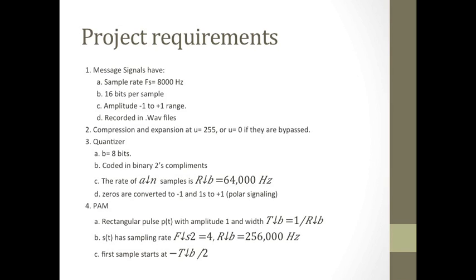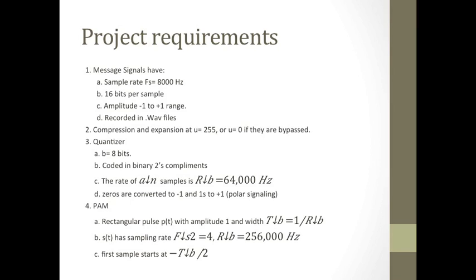For our project, here are the requirements for achieving the required tasks. First, the signal has a sample rate of 8000 Hz and 16 bits per sample, with amplitude that oscillates between -1 and 1, and we have audio files provided in .wav format.